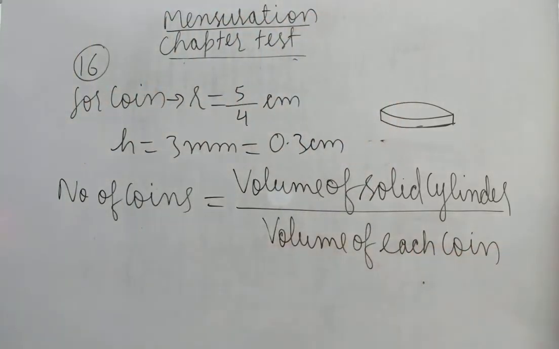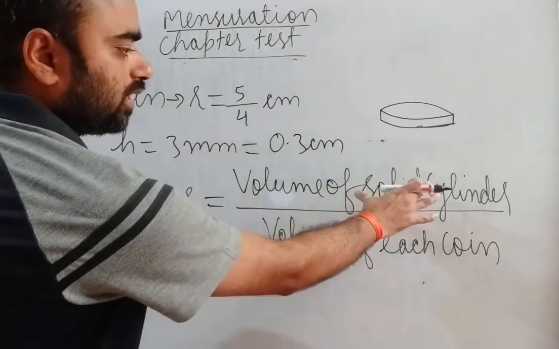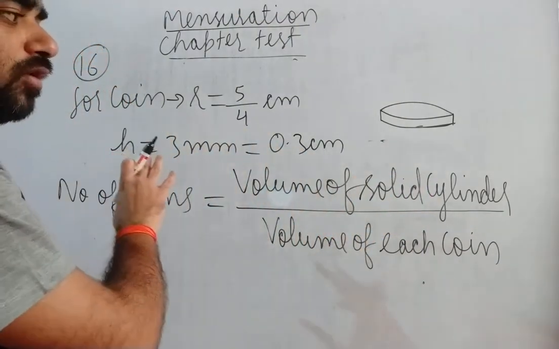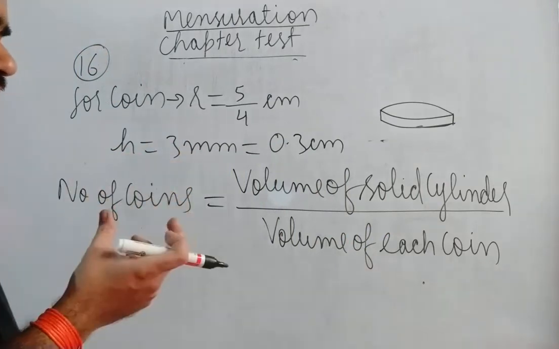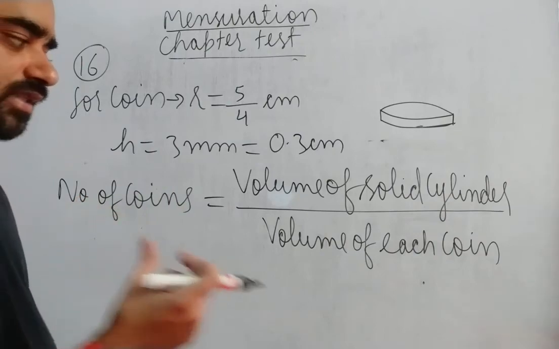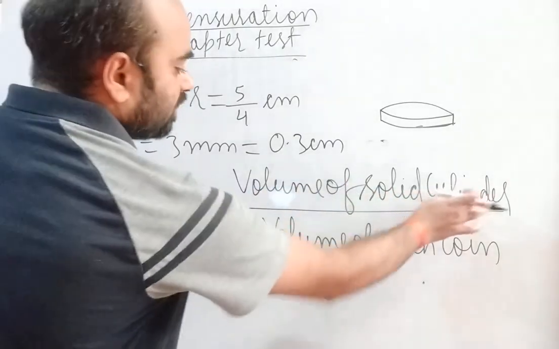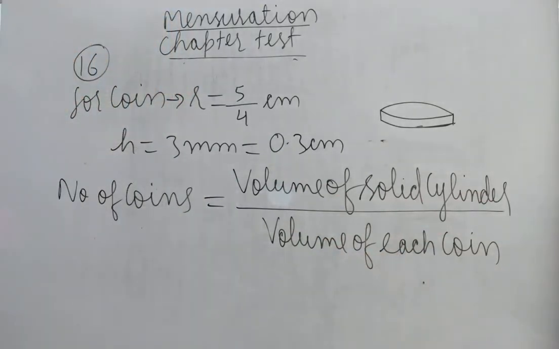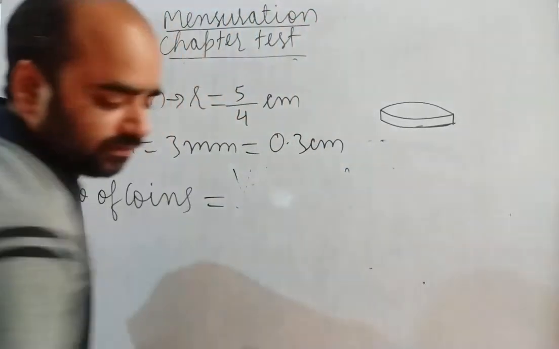Clear? Same formula. For the number of coins, the coins are to be melted, and after melting we are recasting a solid cylinder. It means the volume of the solid cylinder upon the volume of each coin. So we are going to substitute the values. This done? Clear? Now I am putting the values.